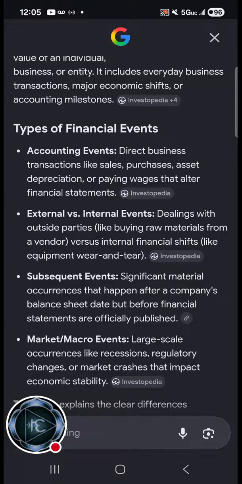Or paying wages that alter financial statements. Okay? Perhaps you had to pay a lawyer, all right? And you wanted to use a 1099 to document that. It's documenting it, all right?